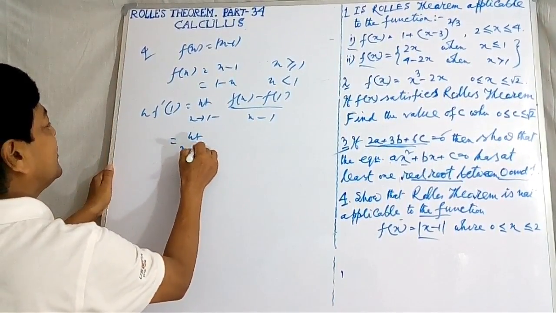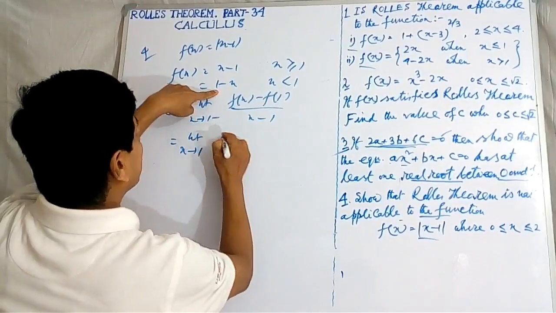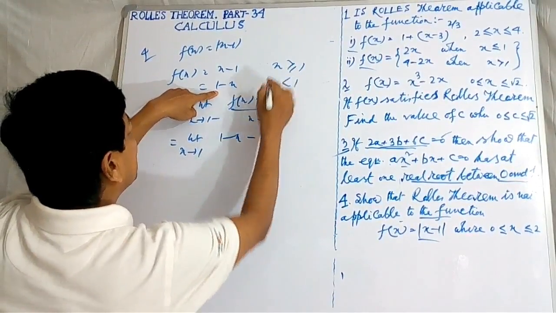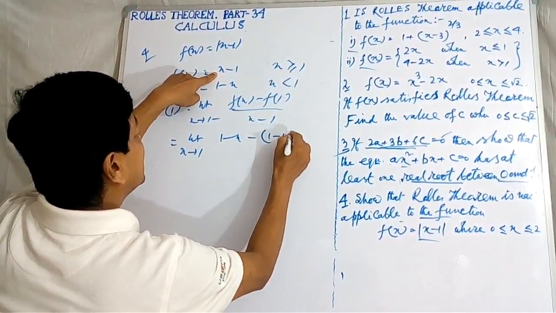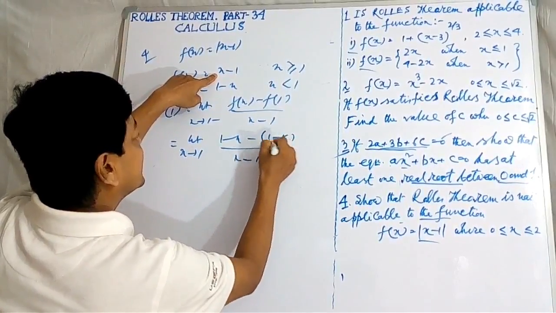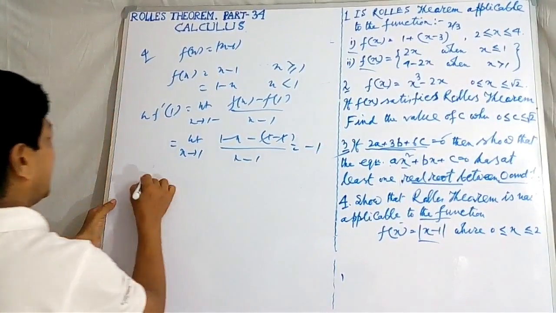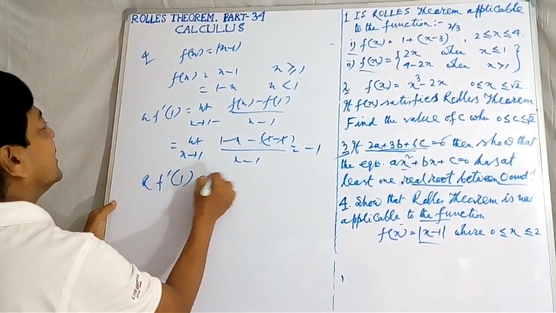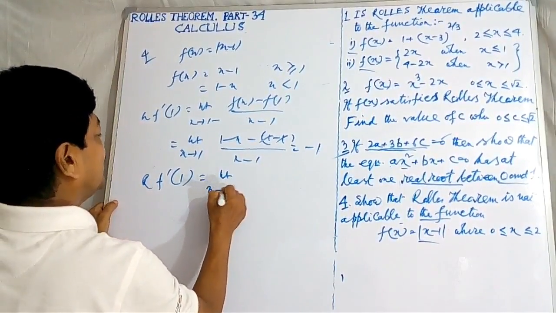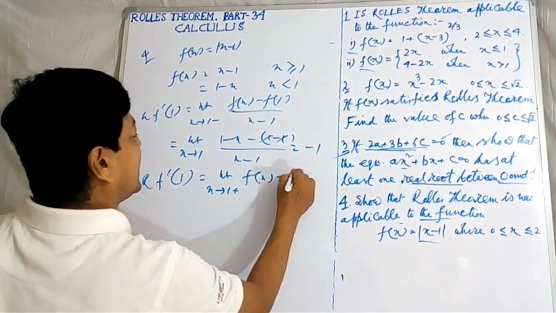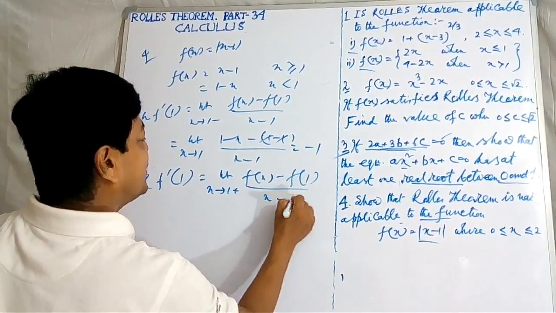For x less than 1, f(x) is 1 minus x, and f(1) equals 0. So it is (1 minus x) by (x minus 1), which equals minus 1.